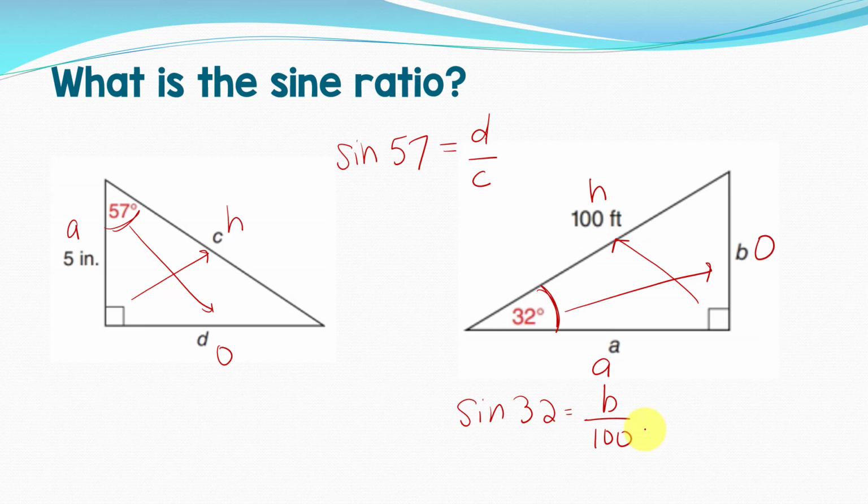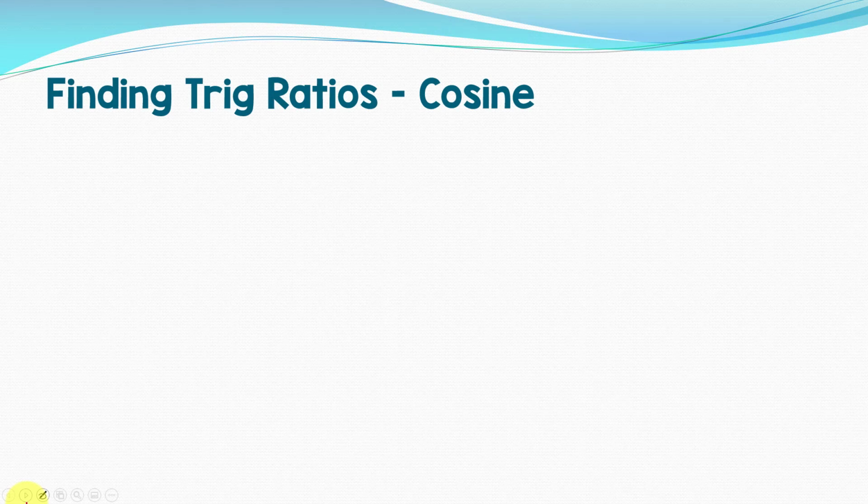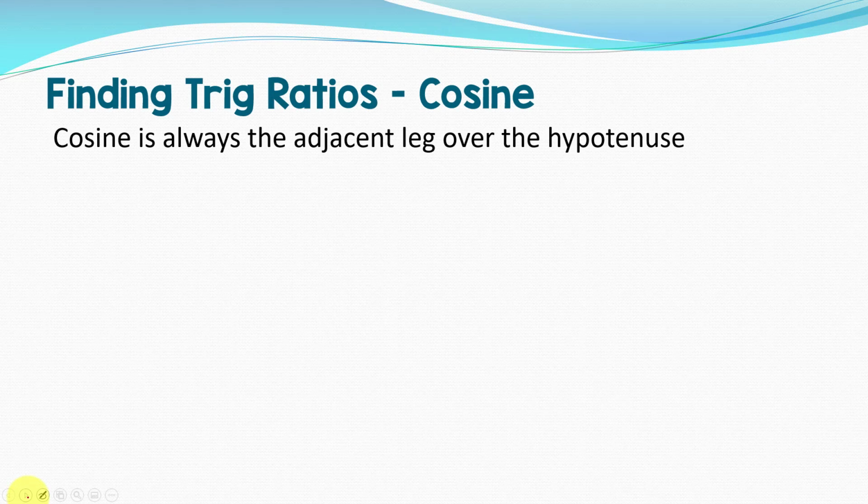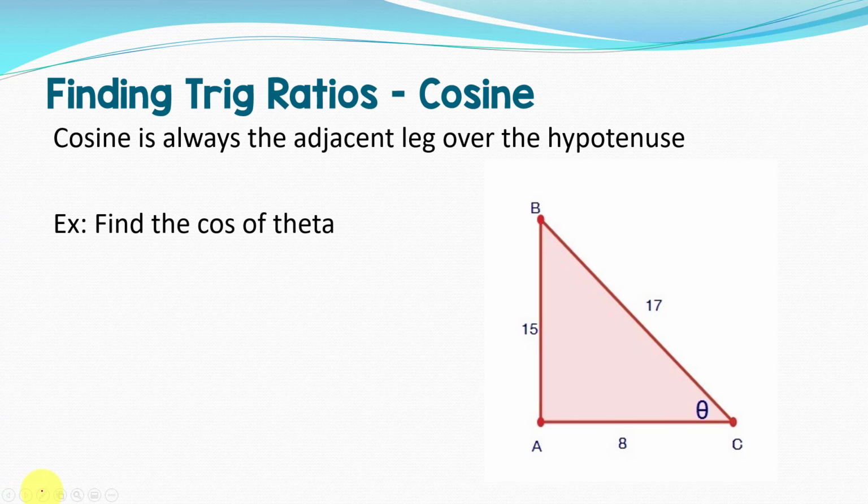Okay, let's look at cosine. Cosine is always the adjacent over the hypotenuse. We're going to label the same way: opposite, hypotenuse, adjacent.